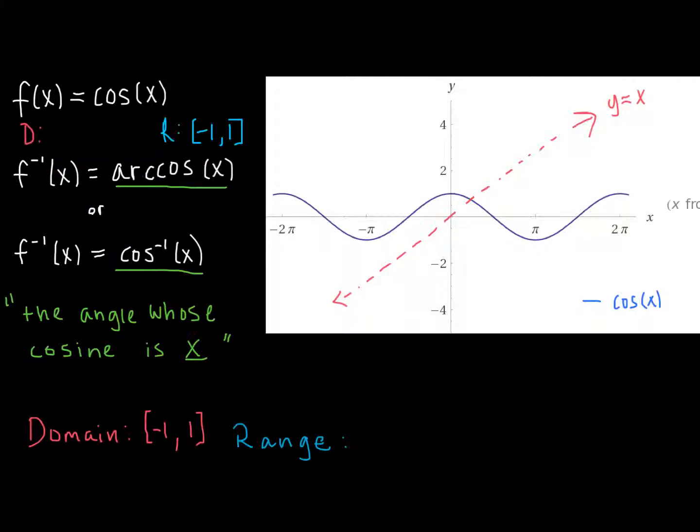And here, we're going to look at some of the same things we looked at for sine and inverse sine. First, I want to think about what the domain of our inverse function will be. To figure that out, we look at the range of our original function. The range for cosine, of course, is from +1 to -1.